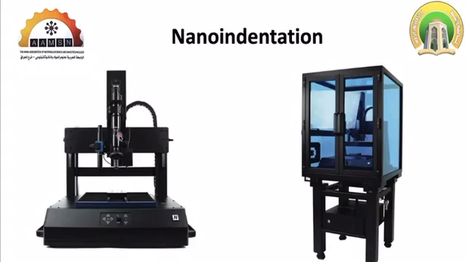So the test is performed under fully computer control, from the very beginning to the very end of the test, with high precision. The other advantage is high precision, in such a way that the load is recorded in micronewton scale and the distance in nanometer scale.